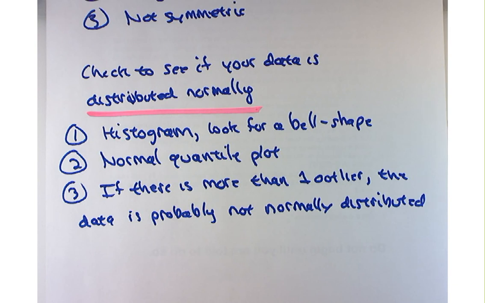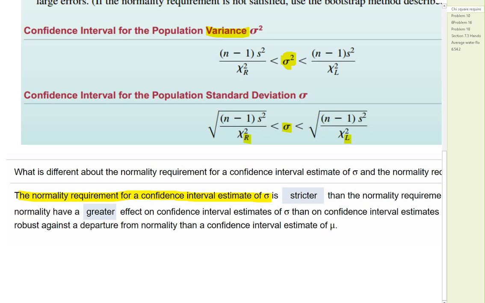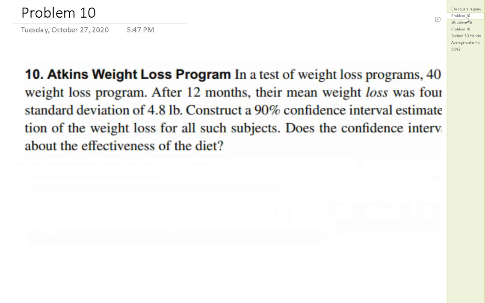Let's do a couple examples from our handout. I'm assuming and trusting that everyone got the handout from up front. We'll start with problem number 10. The Atkins weight loss program. Let me make this a little bit smaller.